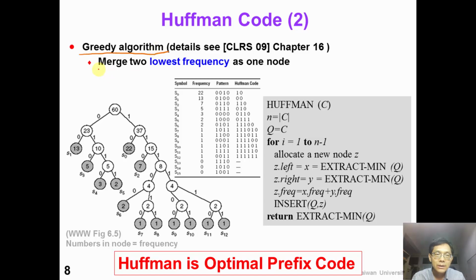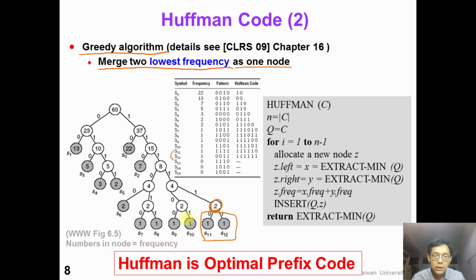The idea is that we can merge 2 lowest frequency symbols as one node. For example, S11 and S12, they are the 2 lowest frequency symbols, so they are merged into one node.